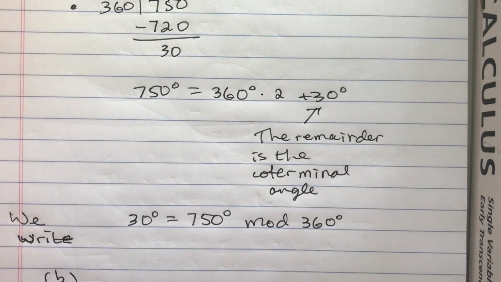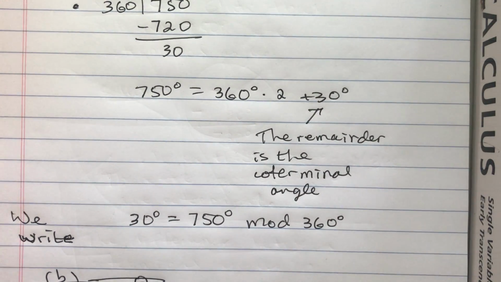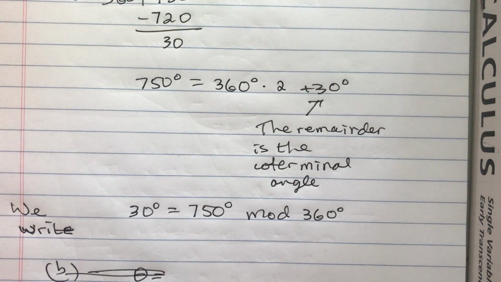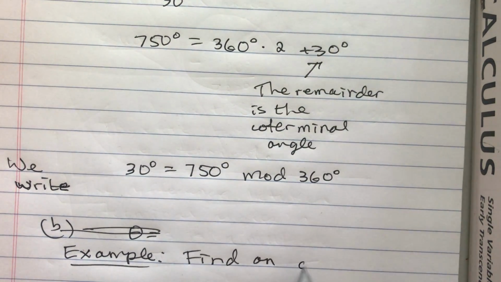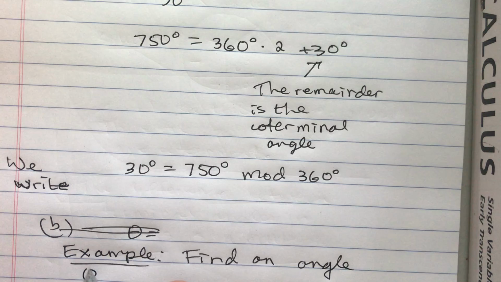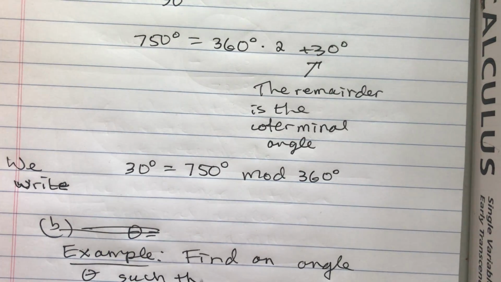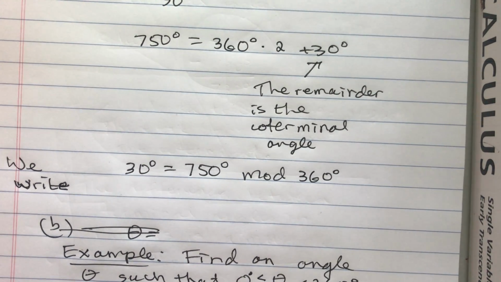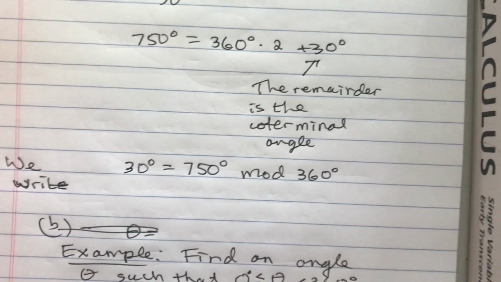Look at B, where I say have alpha. Oh, okay, there's no part B. That wasn't part A. Let's do another example. Find an angle theta such that theta is again between 0 degrees and 360 degrees and coterminal to negative 135 degrees.